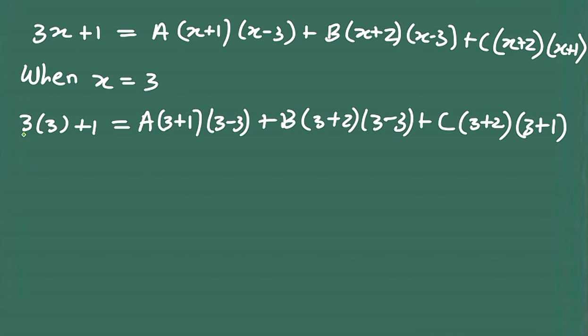Okay, now let's see here. 3 times 3 is 9 plus 1 will give us 10. Here we have 3 plus 1, which is 4, and this will be times 0, and here will be 5 and this will be times 0. Here will be 5 and this will be times 4.